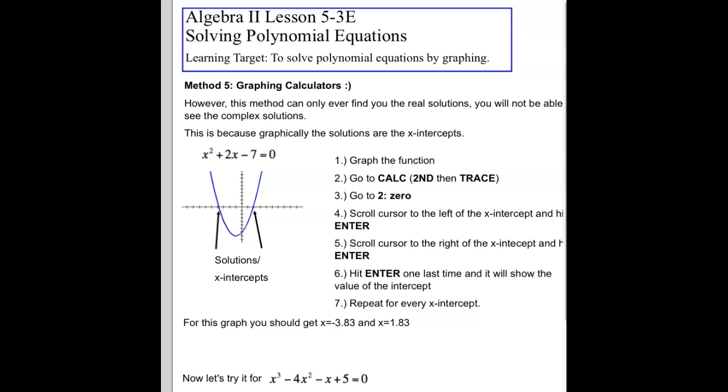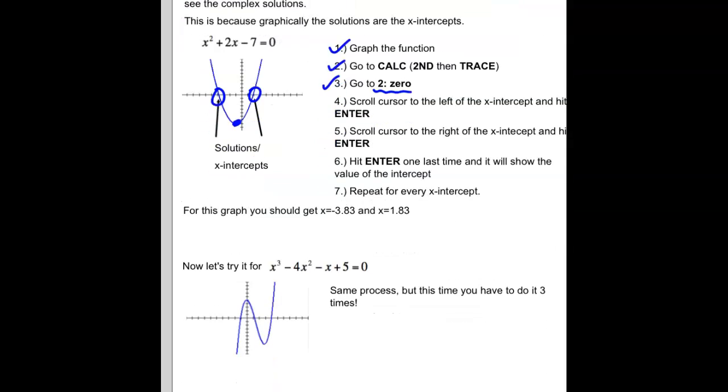So we are going to graph our function. We're going to go to second trace on our calc, but this time we're going to look at option 2, which is to find a 0. Okay, so we found this relative min before. Now we're looking for these points. Where does it actually hit the x-axis?